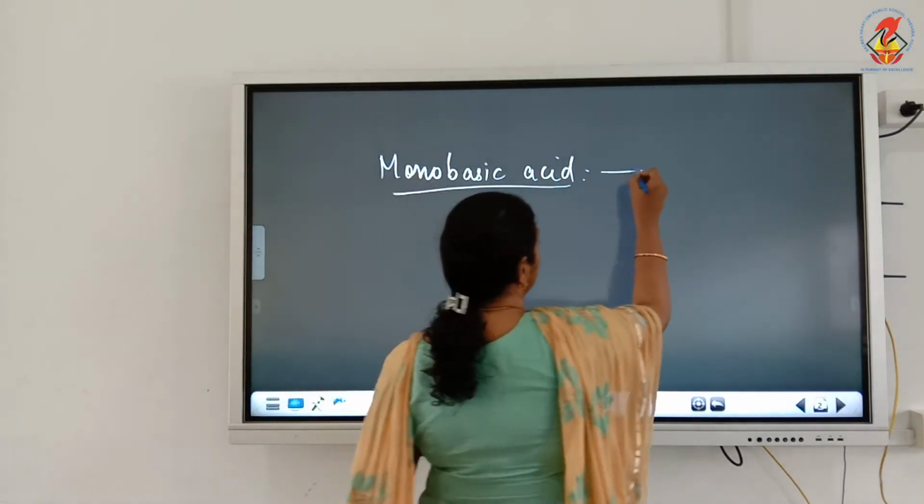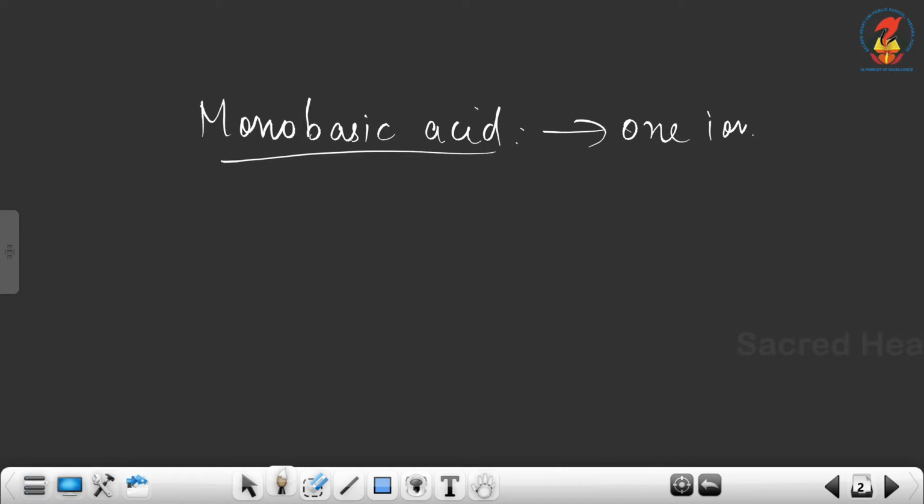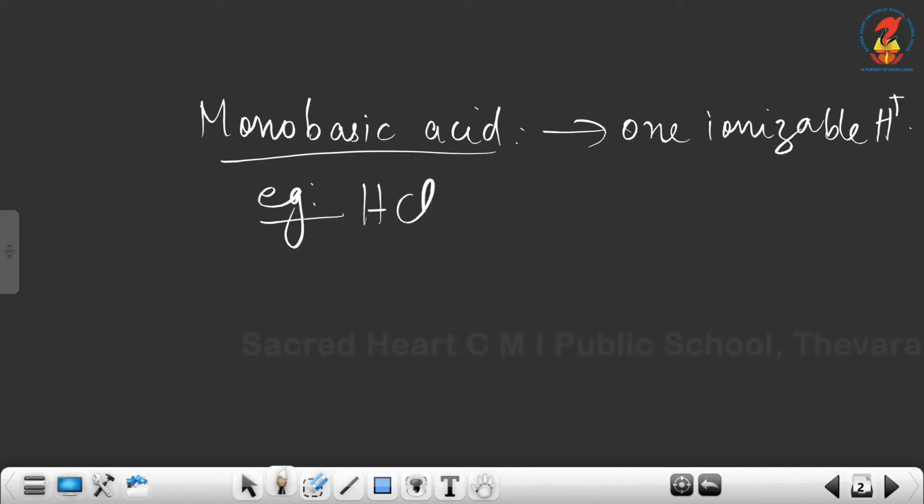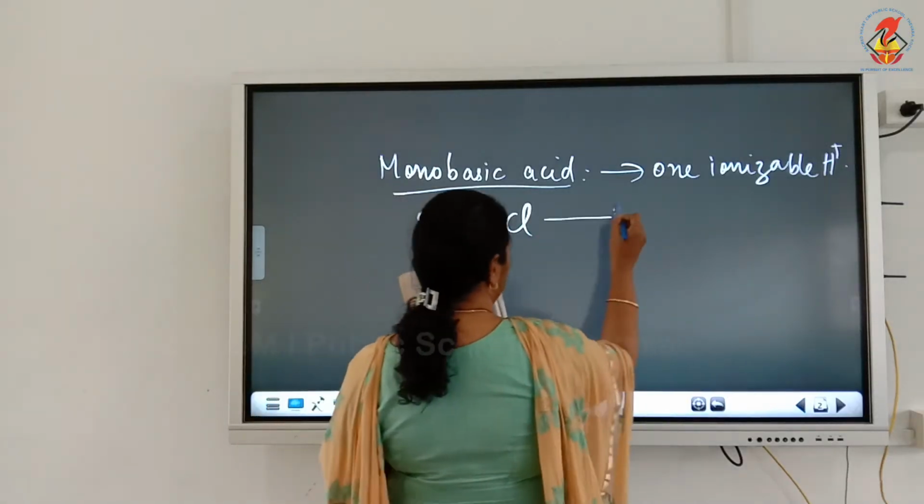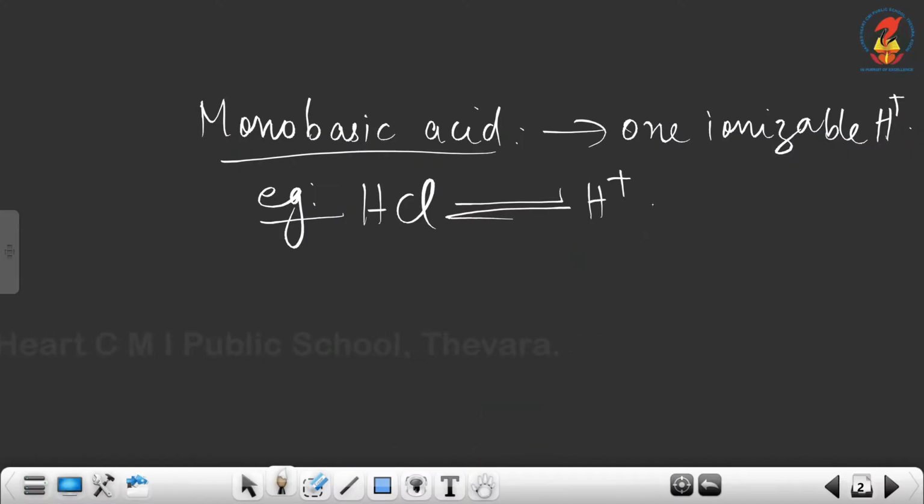So, here we have only one ionizable proton, that is H+. For example, HCl. This is a monobasic acid because HCl will ionize or dissociate to give H+ and Cl-. We have only one ionizable proton.